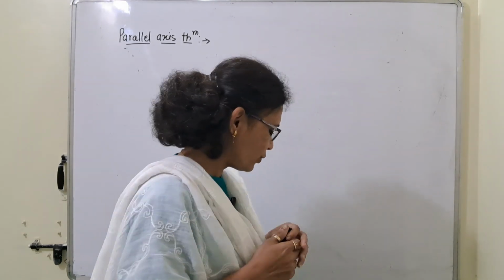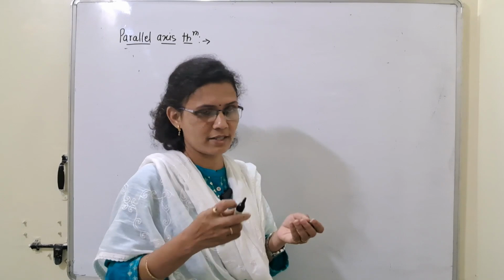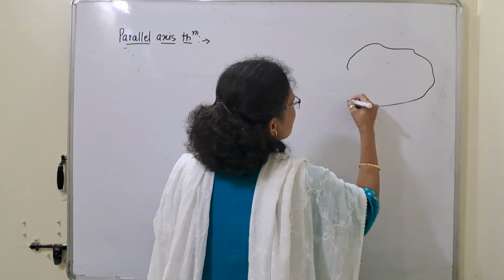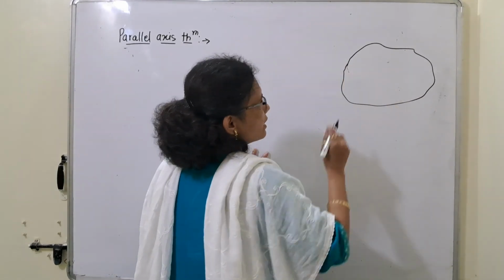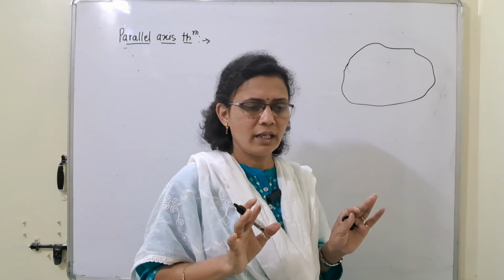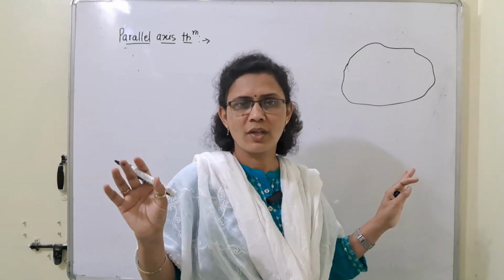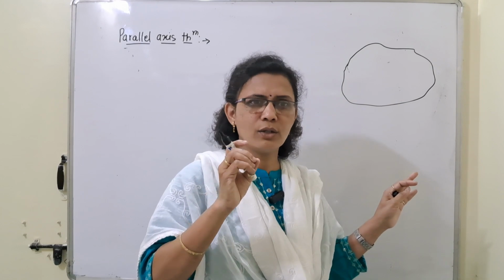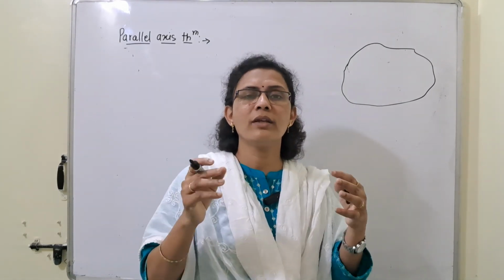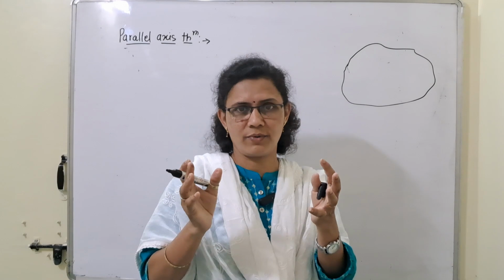Okay, so what will be the diagram? Let us see first. Let's start our derivation with the diagram. See, you know that the parallel axis theorem can apply for any shape of the body. It doesn't have any different meaning when the shape of the body is different.